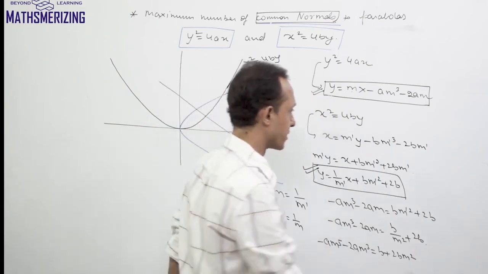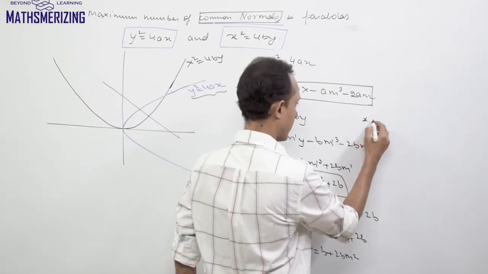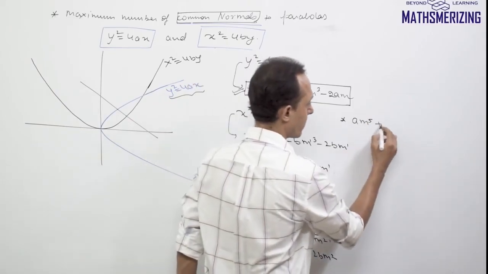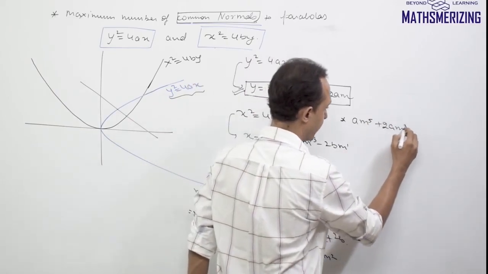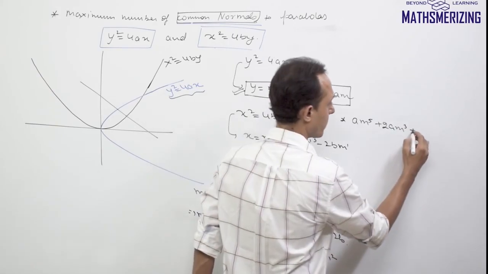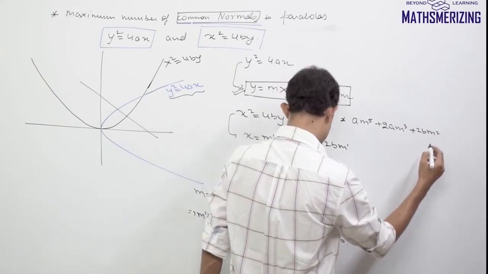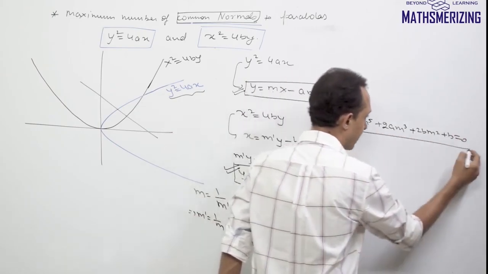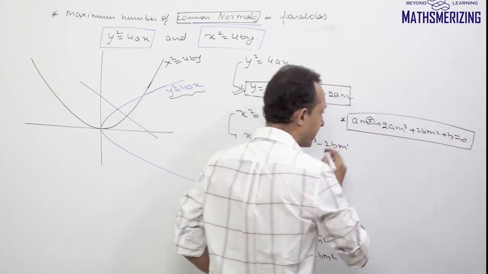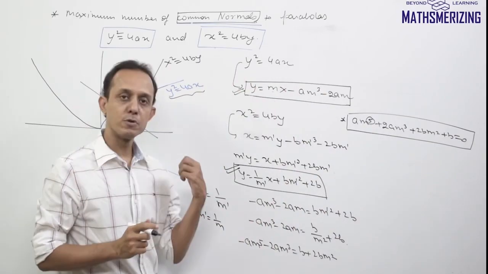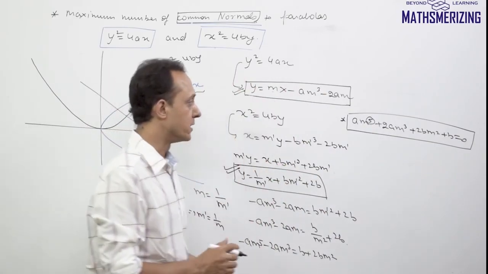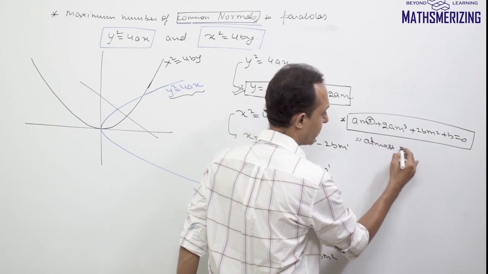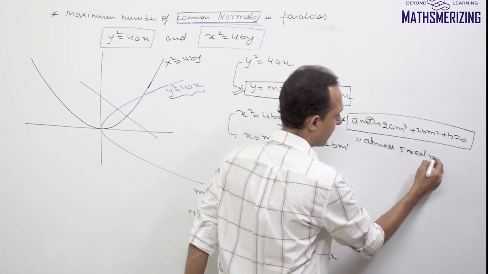So I can write this equation as am to the power 5 plus twice am cube plus 2bm square plus b equals 0, which is an equation of degree 5. So any fifth degree equation can have at most 5 real roots. So this equation will have at most 5 real roots.